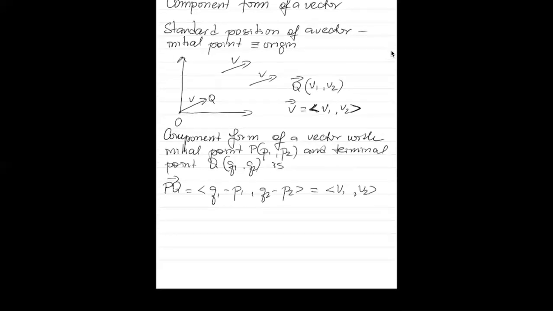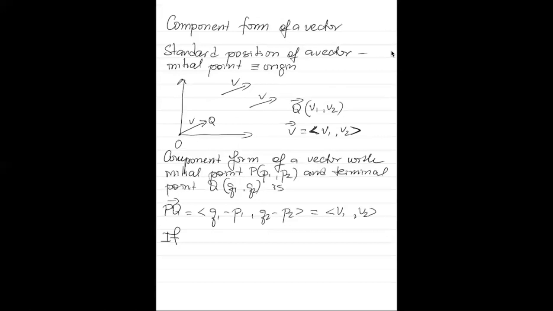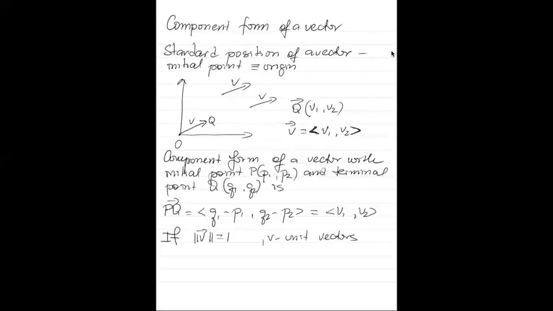Okay, so if the vector v has a magnitude 1, we call this vector a unit vector. So a vector with a magnitude 1 is called a unit vector. A vector v with a magnitude 0 is the zero vector. We distinguish the zero vector from the number 0 by putting the symbol for a vector on top of the 0.